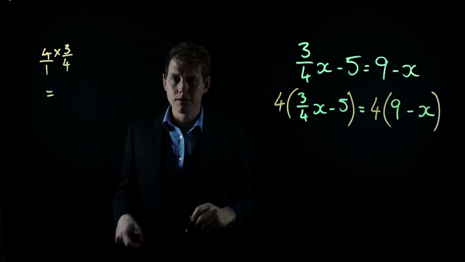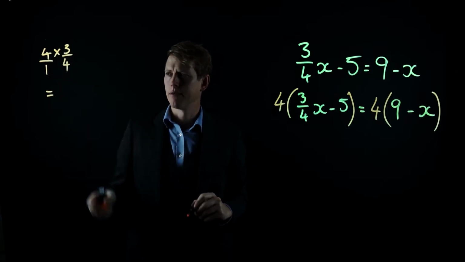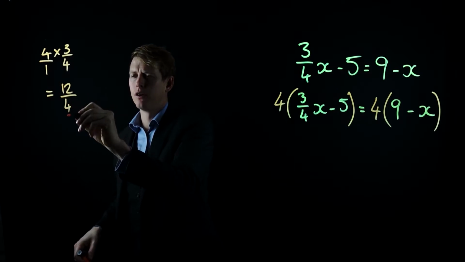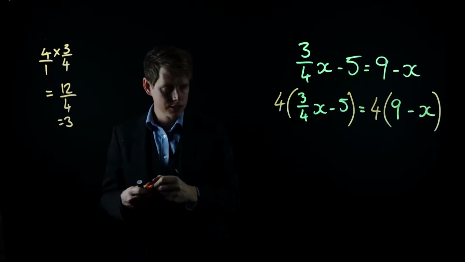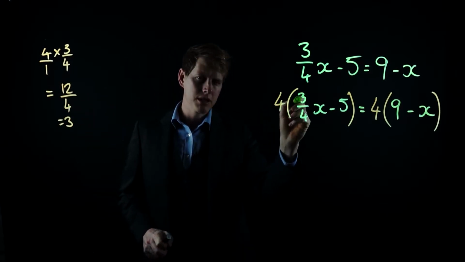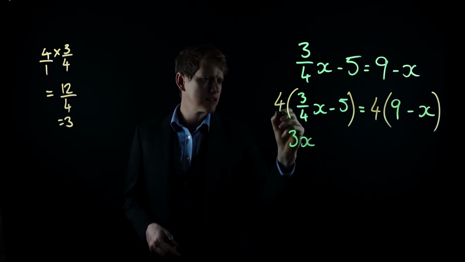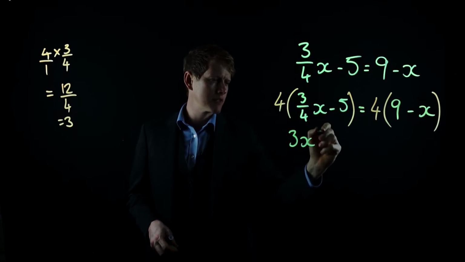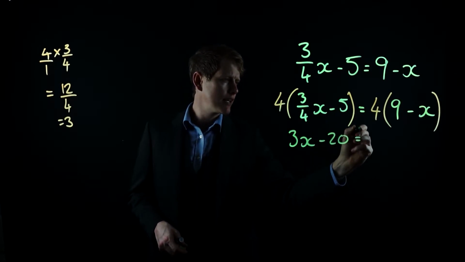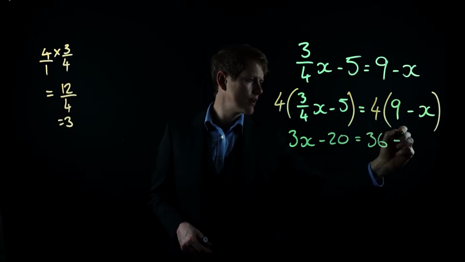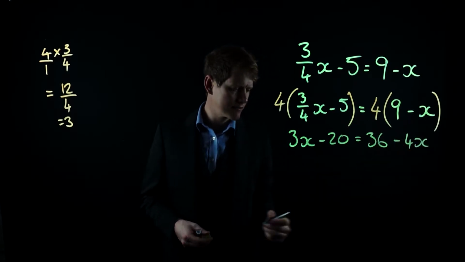And we know that when we multiply fractions, we multiply the numerators together, multiply the denominators together. So I've got 12 over 4, which equals 3. Okay, so 4 multiplied by 3/4 is 3x. 4 multiplied by minus 5, positive and negative, minus 20 equals 36 minus 4x.